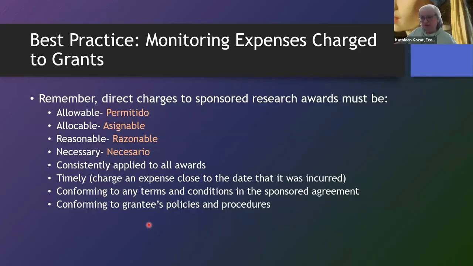A good example at Tulane is overtime pay. We just can't approve overtime pay on grants. We have to have justification for that because it does not follow university policies and procedures. So we have to carefully watch for those kinds of things as an example of a university policy.